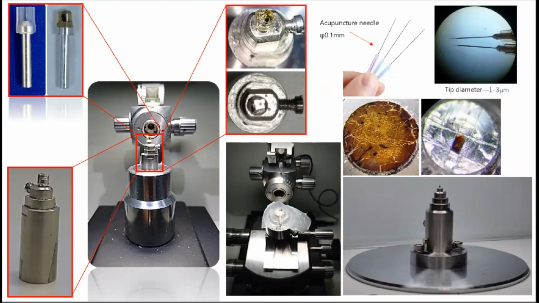I also use another homemade tool, just like this. This is a low coating pin. I use the acupuncture needle, whose tip diameter is about 1 to 3 micrometers, to locate the line on the top of the resin.